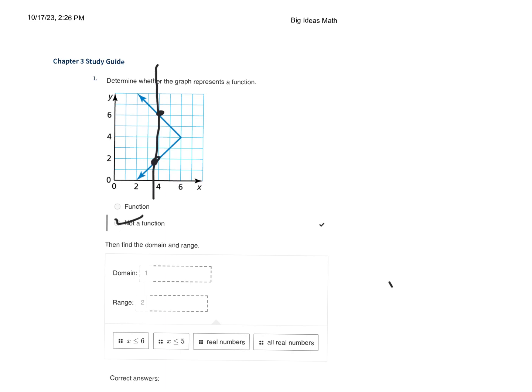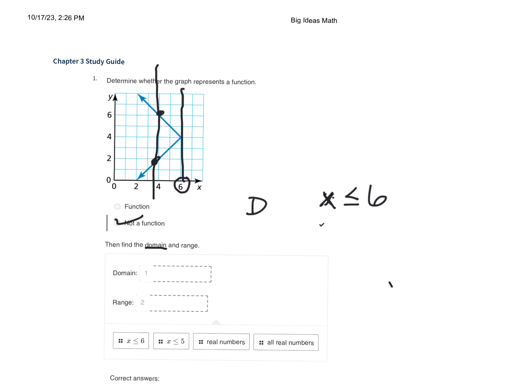And if you remember, domain is your left and right side boundaries, okay? So on the left side of my graph, on the left side for your x, it's less than or equal to 6.